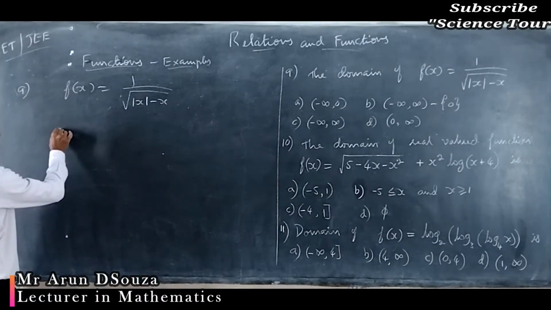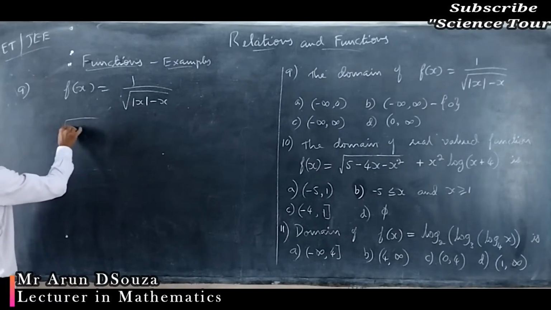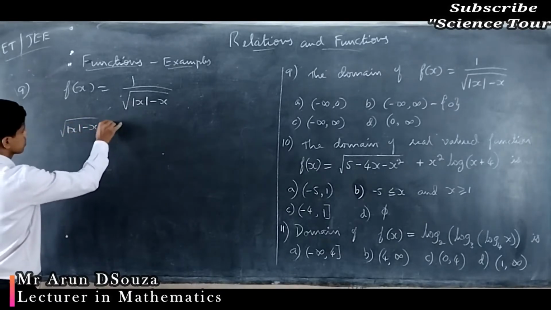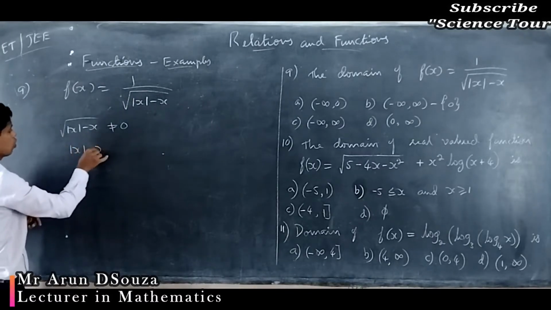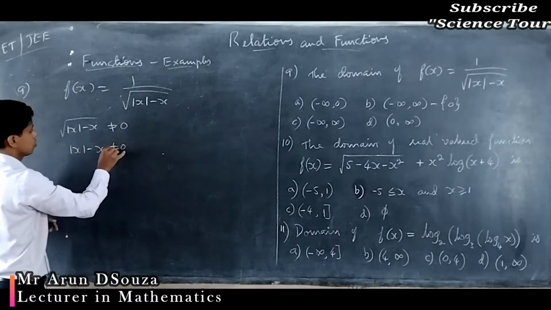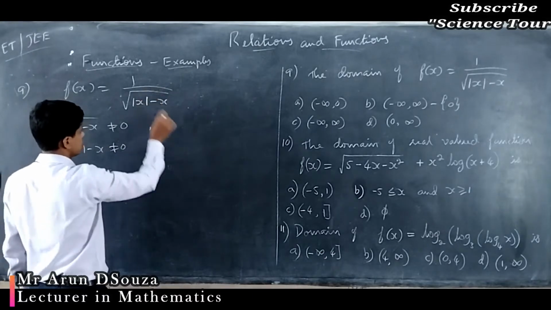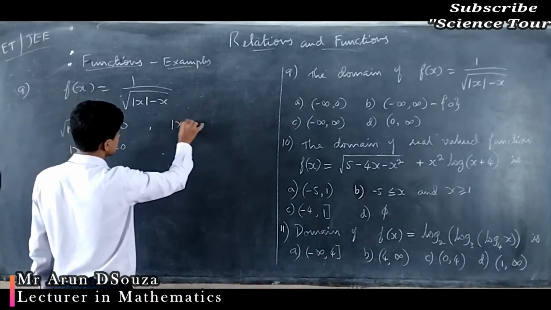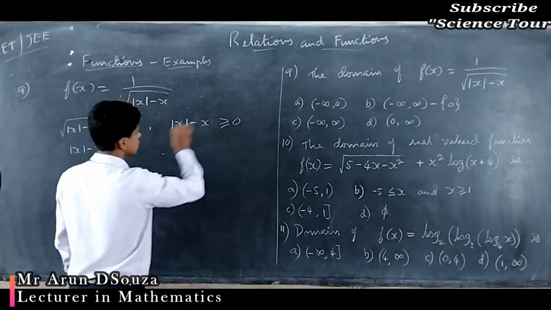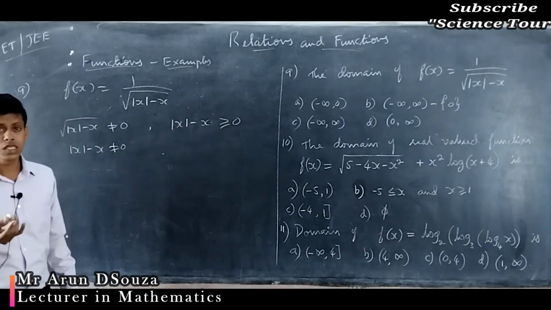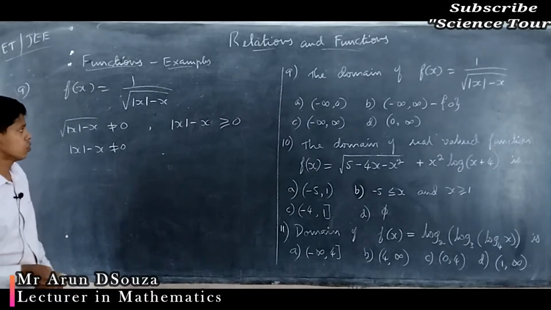One thing is the square root of, the denominator, I am saying. So that means this quantity also shouldn't be 0, and whatever you have within the square root should not be negative. That means it should be positive or 0, greater than or equal to 0.